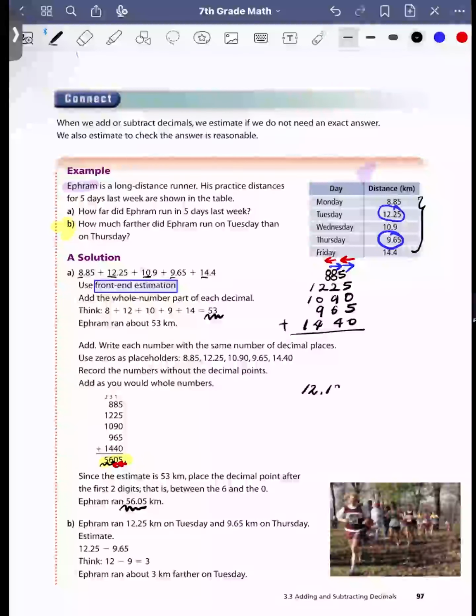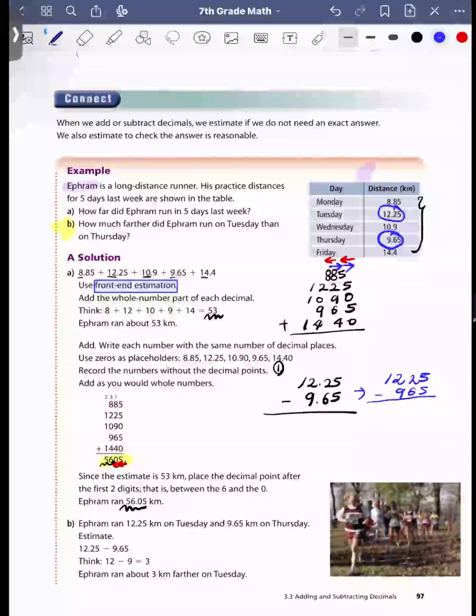So we have 12.25 minus 9.65, right? So the first option is by multiplying 100, which will make it 1025 minus 965.